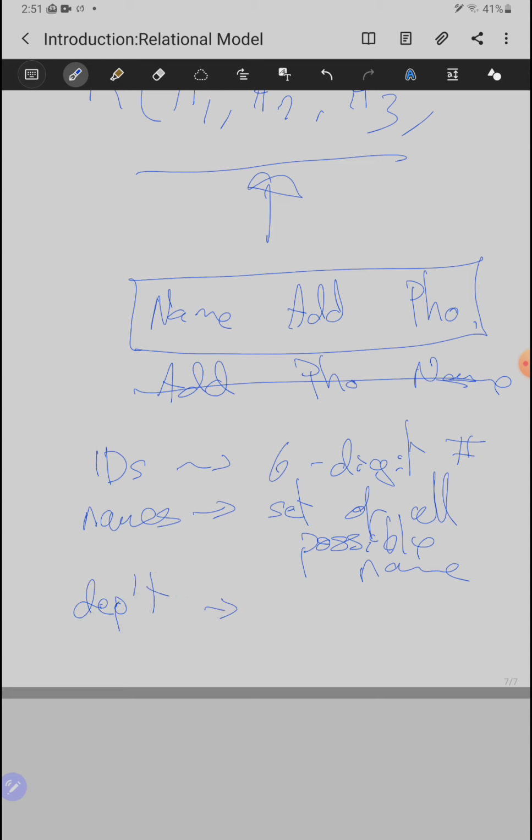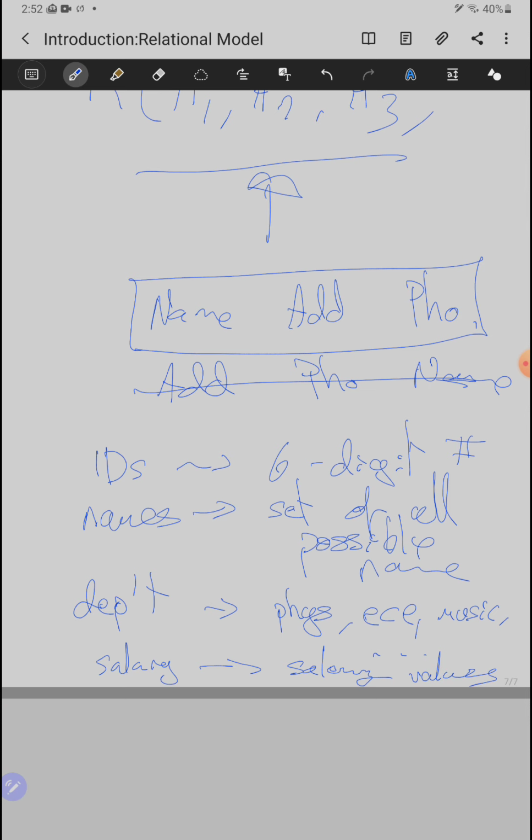The example in the text is a university department, so physics, ECE, music, etc. And I think the last one was salary. So whatever the salaries are, salary values.